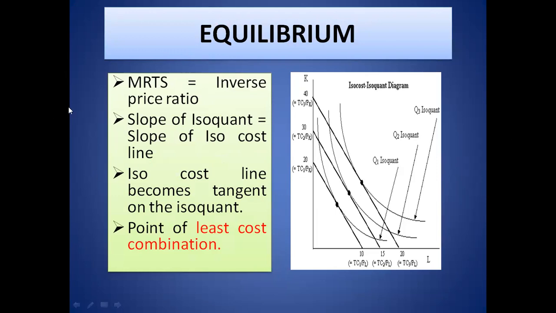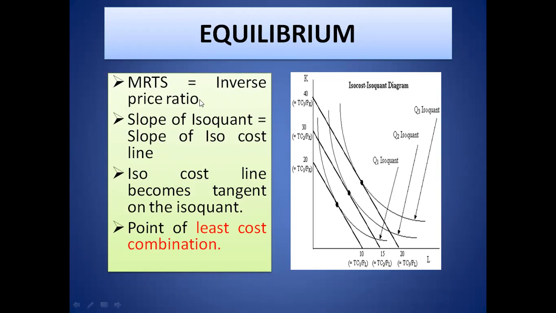The point where the slope of the isoquant, which I have told you is MRTS, the marginal rate of technical substitution, will be equal to the slope of the isocost line. The slope of the isoquant is MRTS, and the slope of the isocost line is the inverse price ratio.